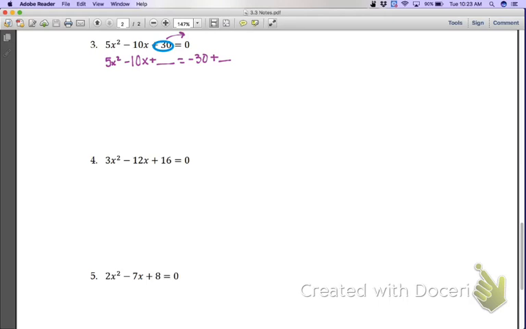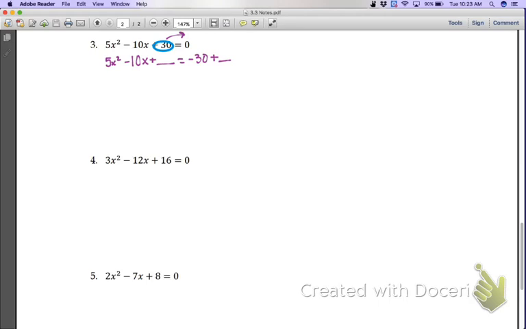Whenever you have a number in front of your x squared, you want to make sure that we can factor out with the first two parts. It's not so bad if you don't have one, like down here on 4, so you don't have to factor it out of the back part. That's why I send it over to the other side.